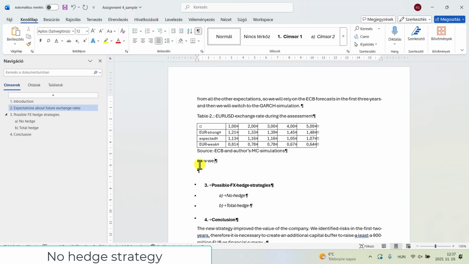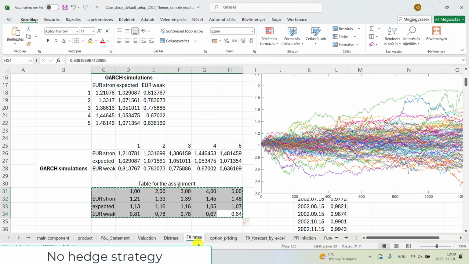Now we should see what happens under the different scenarios. So let's see what's happening.